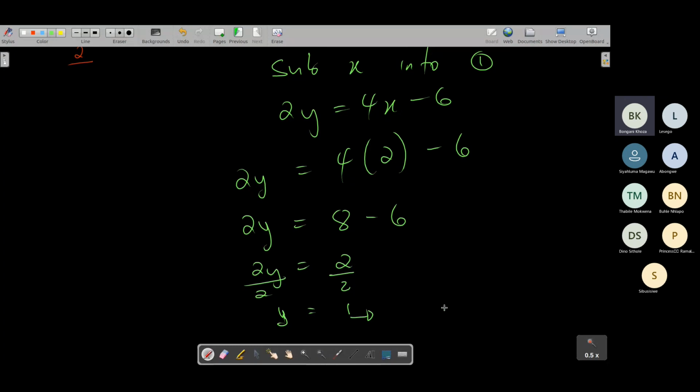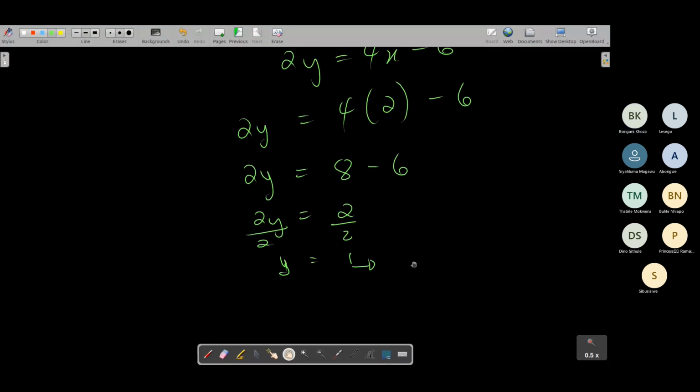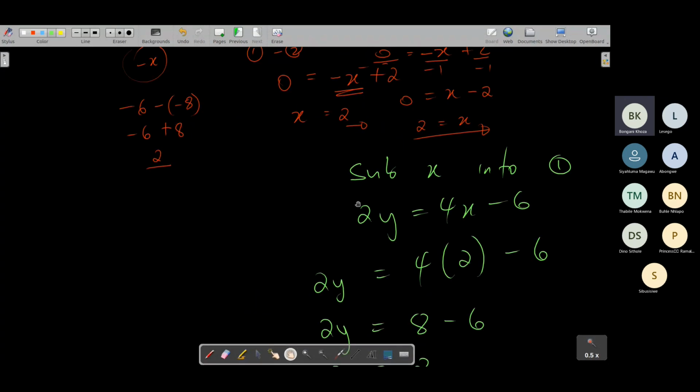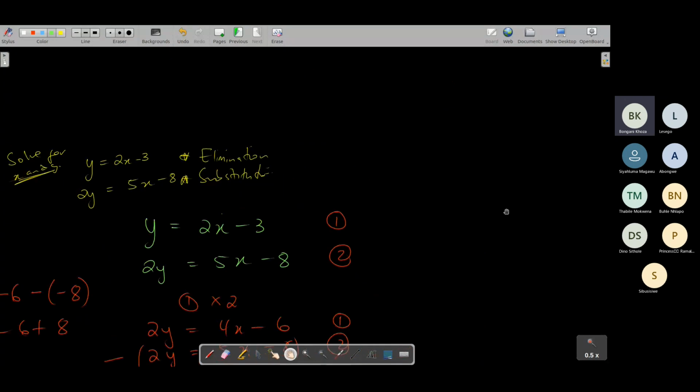Right. So that means my solutions are, if x is equal to 2, my y is equal to 1. So let's check if those solutions are correct. So 2 and 1. Go back to our original equations. We were given y equals 2x minus 3. Remember, our y is 1, our x is 2.